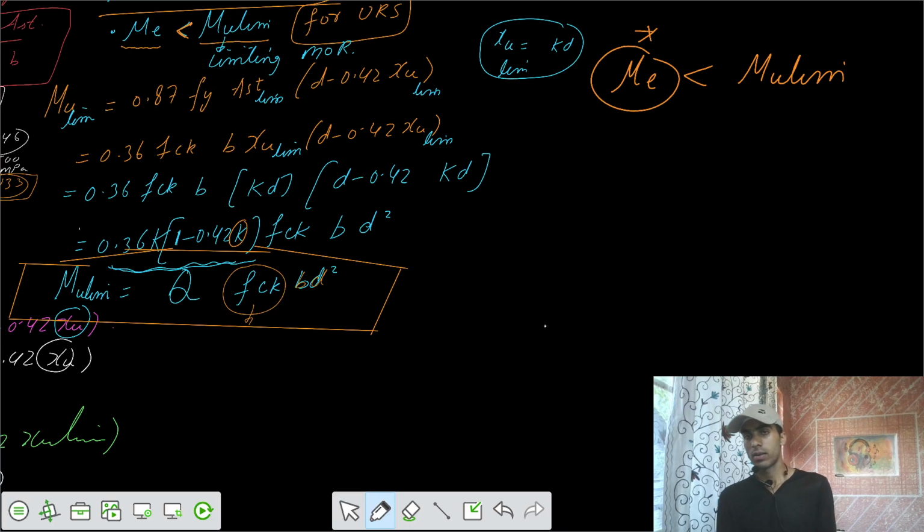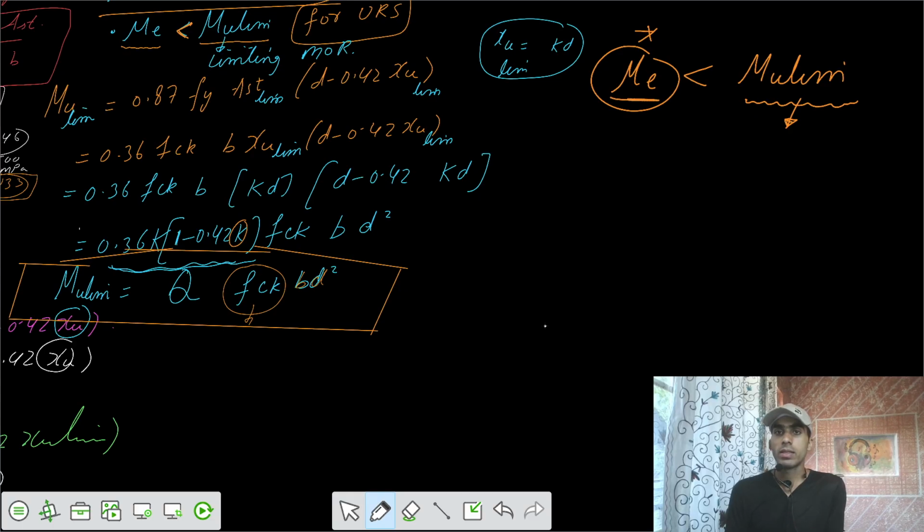We want to compare whether the external bending moment is greater or lesser than the limiting moment. For that we should prefer that the limiting moment is more.